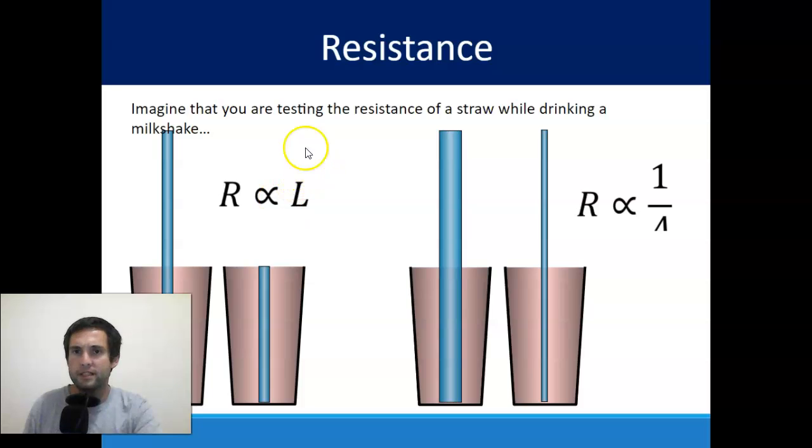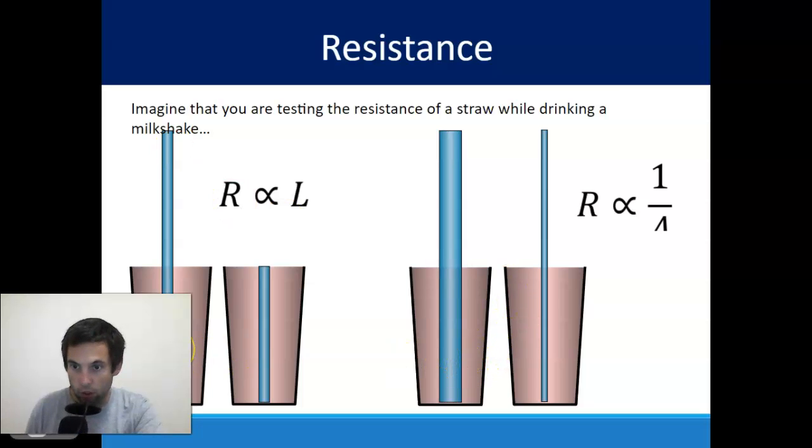Now imagine you're testing the resistance of a straw while drinking a milkshake. If it's a skinny straw compared to a short skinny straw, or a fat straw compared to a long skinny straw, I think that lets you see how resistance comes into play. So resistance is proportional to the length. The longer it is, the more resistance.